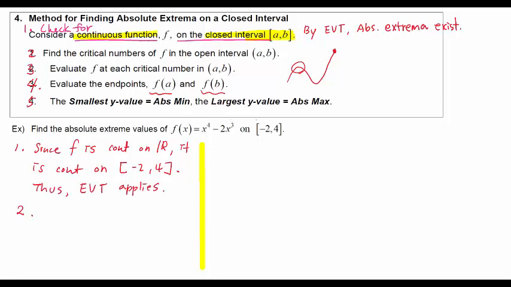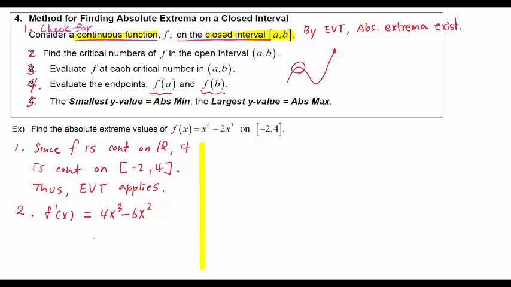So now I'm going to find the critical numbers. To find the critical numbers, you have to find f prime of x and set it equal to 0, or find out when this is undefined or does not exist. So f prime of x is 4x to the 3rd minus 6x squared, and this is never undefined.